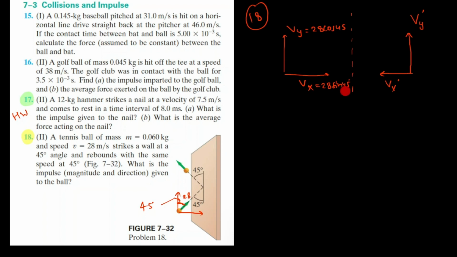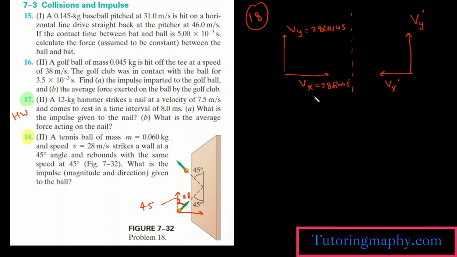So for this case, instead of using mg cos 45, we use the other angle? No. You are remembering the inclined plane, which is okay, but remember that mg was the force, and we made the components of the force when we were talking about dynamics. Right now, it's all about velocities and momentum, so I'm interested in making the component of the velocity. 28 is the speed, so rather than mg being the force, we just use v as our velocity.